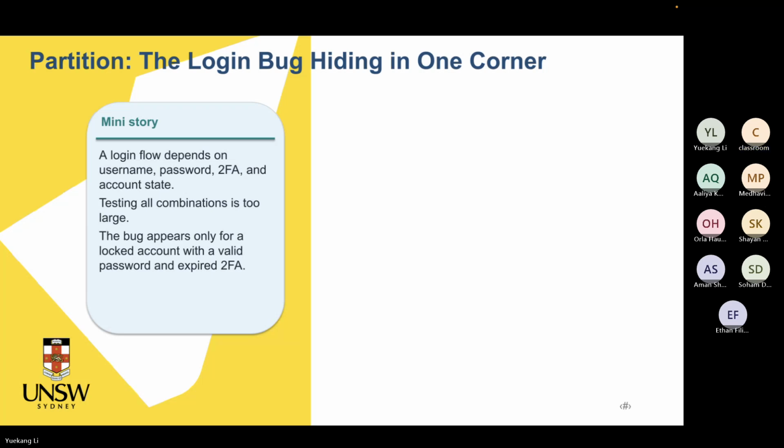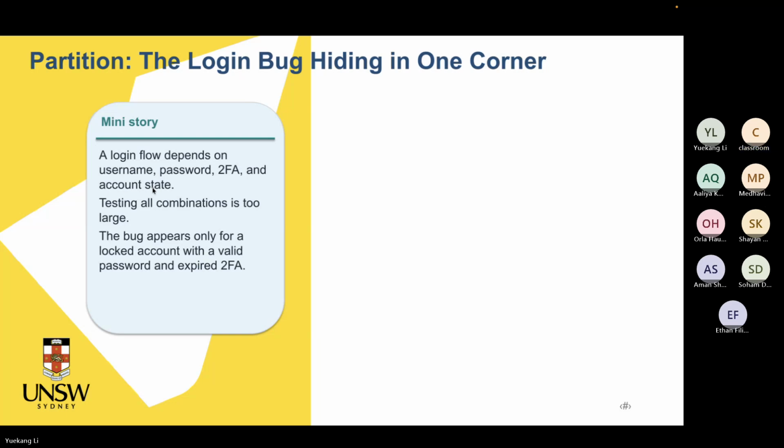As you can imagine, there are many different combinations between usernames, passwords, and two-factor authentication code. Maybe there are some mismatched username and password. Maybe the username doesn't exist at all. Maybe the password is wrong. Maybe the account has been disabled.